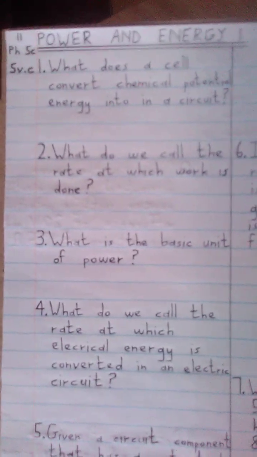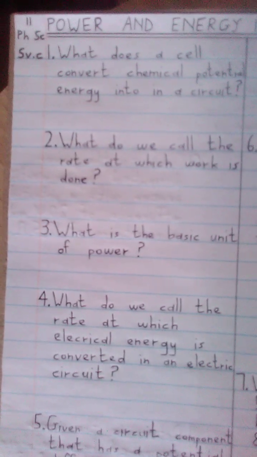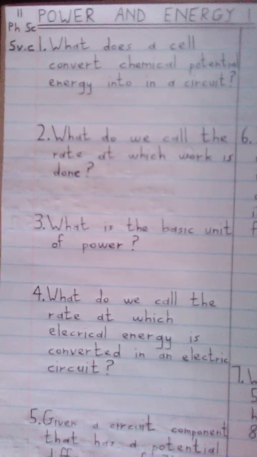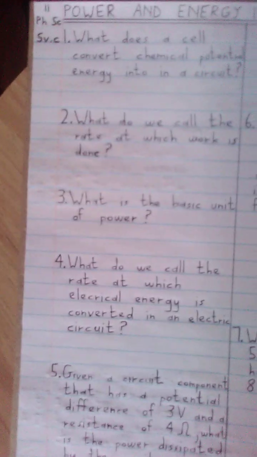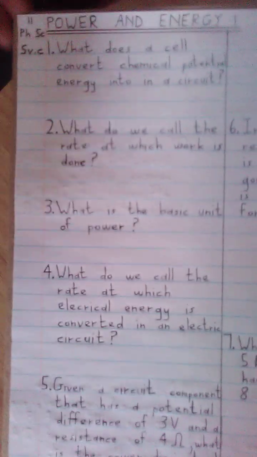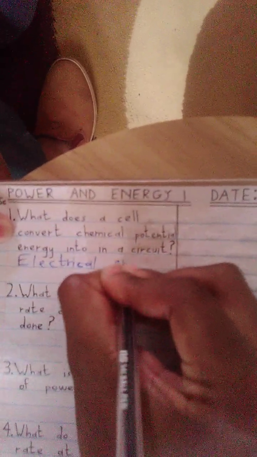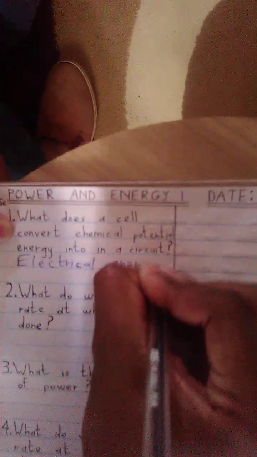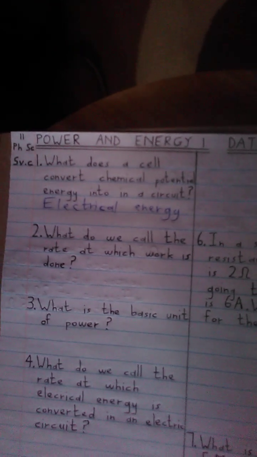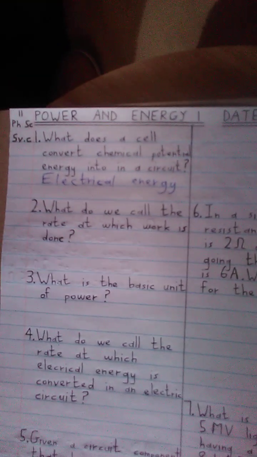So, number 1 asks, what does a cell convert chemical potential energy into in a circuit? The cell converts chemical potential energy into electrical energy. Number 2 asks, what do we call the rate at which work is done?